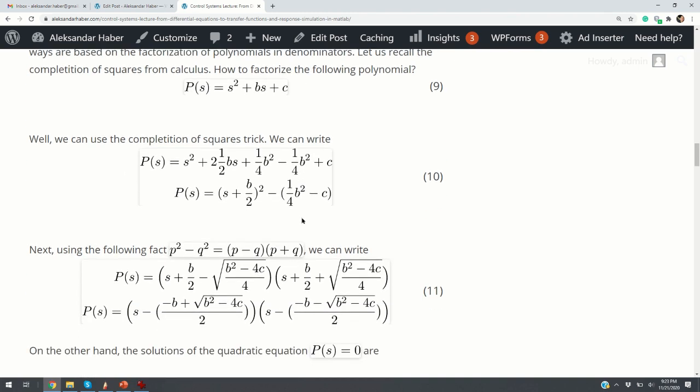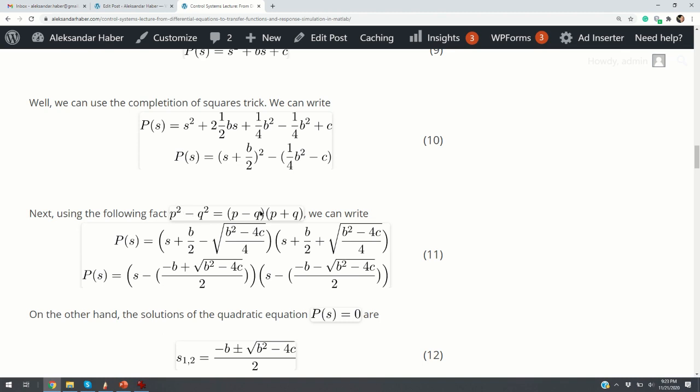Right. Now, we can recall the following formula: p squared minus q squared is p minus q multiplying p plus q. And if we apply this formula to this equation, taking as p this term over here and as q this term over here, we will obtain this formula. So this is the final expression. The expression that you can see over here corresponds to here.